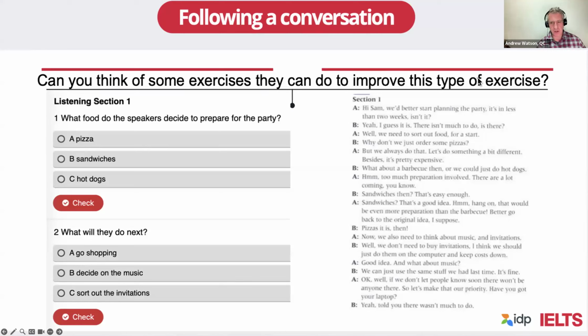Yeah, so number 1 was A and number 2 was C, correct. That's right. Now, how can we get our students to improve on this type of exercise? Any suggestions?